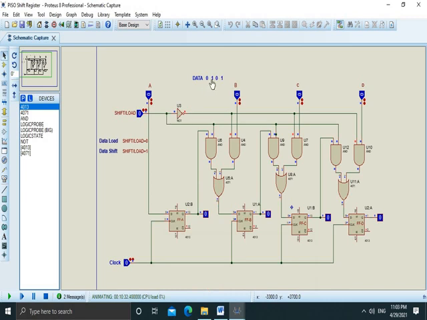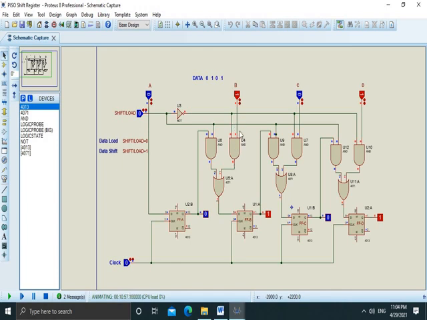for example, our data is 0 1 0 1 0 1 0 1 and the shift or load line is 0. After applying the clock pulse, this data is entered in this D flip-flop, and after clock pulses it is shifted to the output of the first D flip-flop. Then one input of this AND gate is 1, so its output is 1.